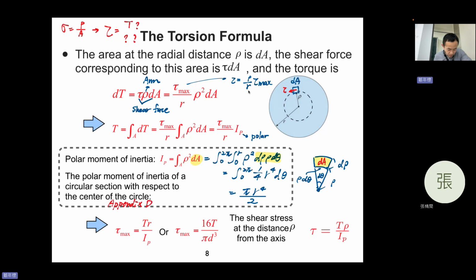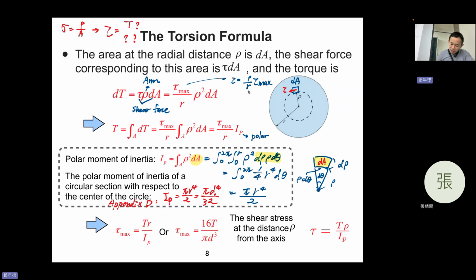Appendix D has many moments of inertia for different shapes of cross section: it could be rectangular, square, triangle, circle. Many possibilities. So the IP equals pi r^4 divided by 2, and it may also be written as pi d^4 divided by 32 using the diameter.